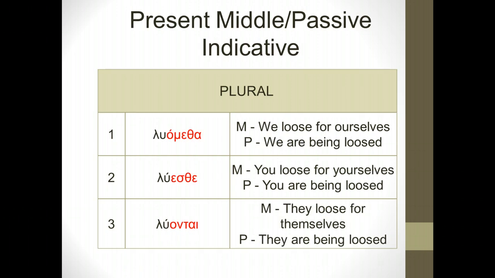We have luometha, luesthe, luontai. And it's the same thing that we saw in the singular. Luometha is we loose for ourselves, or it is luesthe, you loose for yourselves, or luontai, they loose for themselves, or they are being loosed.